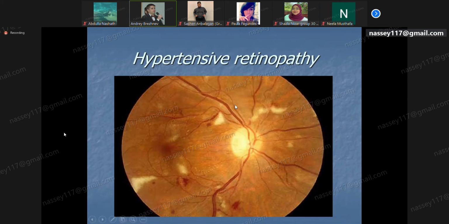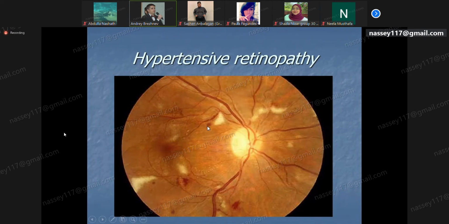If you look at, for example, this vein, you'll see thickening and thinning of the diameter in different parts of the retina. Hemorrhages, you see them here, reddish dots and spots in different areas of the retina.